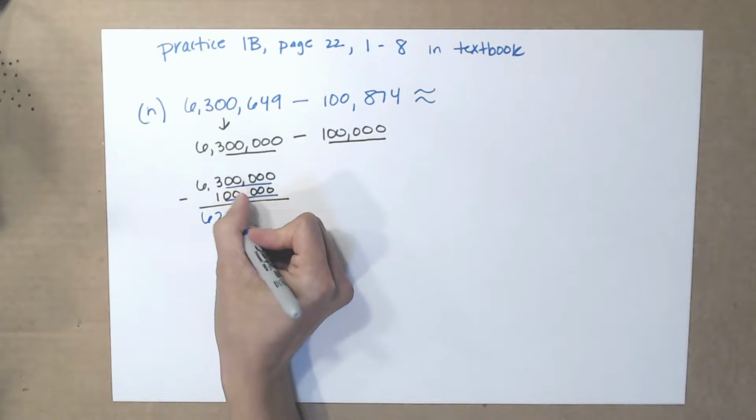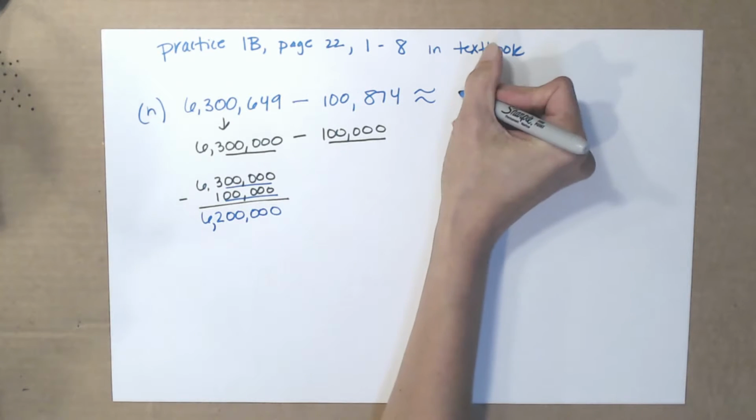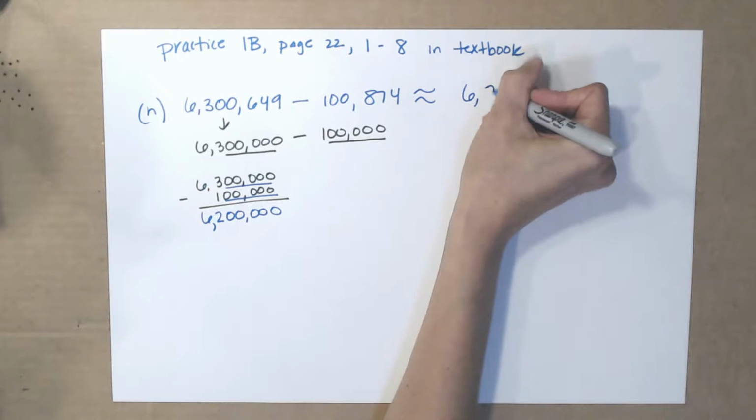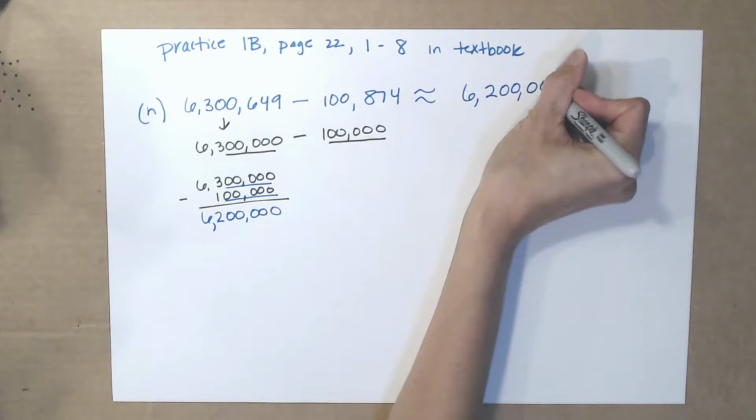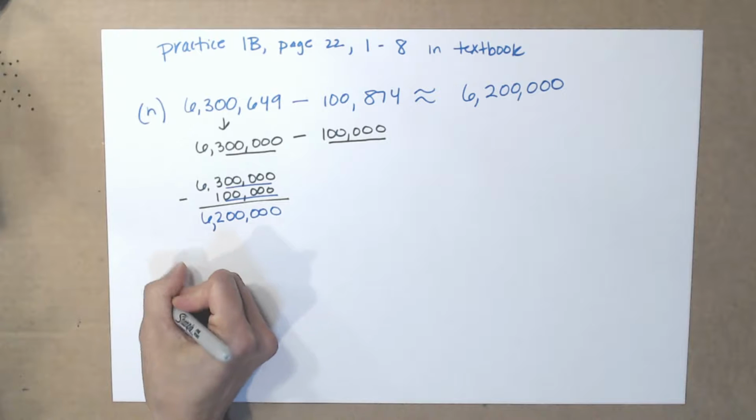And then you add those 5 zeros back on. So I would say this is approximately 6,200,000 on that one.